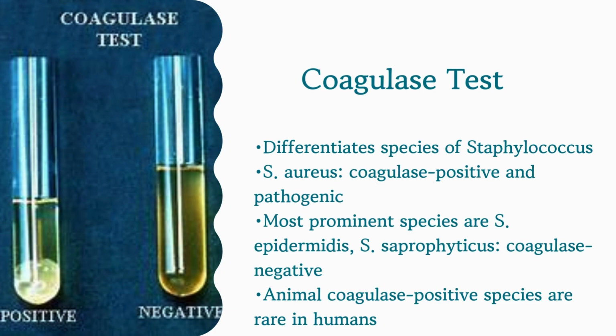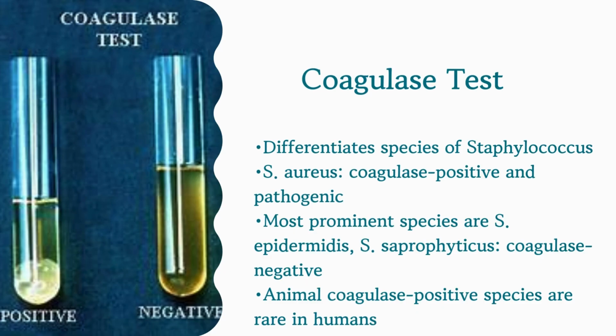Let me explain the coagulase test. There are two types of coagulase, free and bound coagulase, and coagulase is a clumping factor. There are two methods as shown here, the tube method and the slide method. The tube method takes at least 4 hours to see the results.